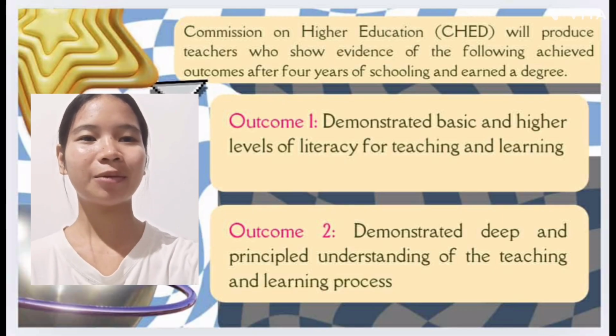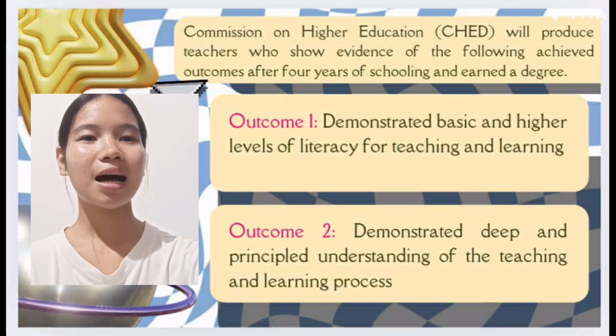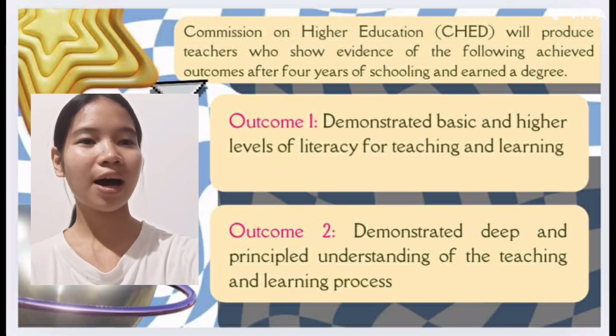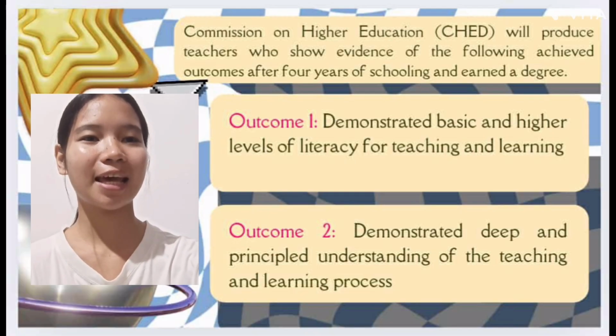Next is outcome 2. Demonstrated deep and principled understanding of the teaching and learning process. This means understanding how students learn, not just teaching them facts, but knowing what helps them truly understand.